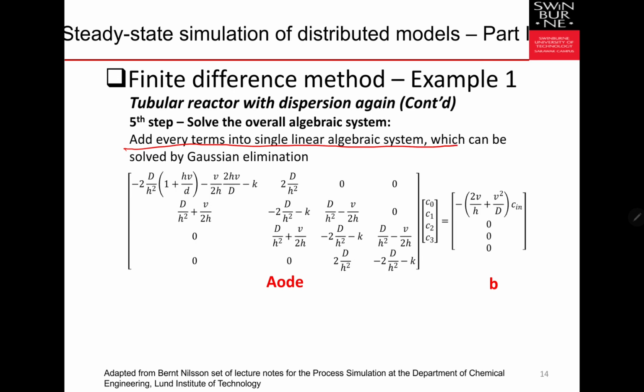Basically we express this A multiplied by this C is equal to B, which can be solved easily using MATLAB. I will discuss the derivations and the MATLAB coding in connection with the matrix in my next video.